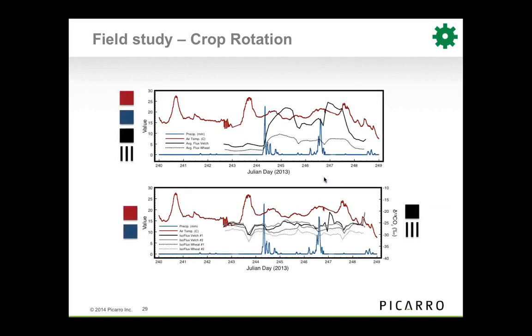Like I said, there was rain, but what was interesting is that we had drought, or no precipitation, for about 30 days before the study started. And then in about 1.5 days, we had 2 significant moisture events, which really drove the CO2 flux, which you're seeing on the top here. The precipitation is in blue, the temperature is in red, the CO2 flux from the vetch is in black, and the CO2 flux from the wheat is in the dotted black line.